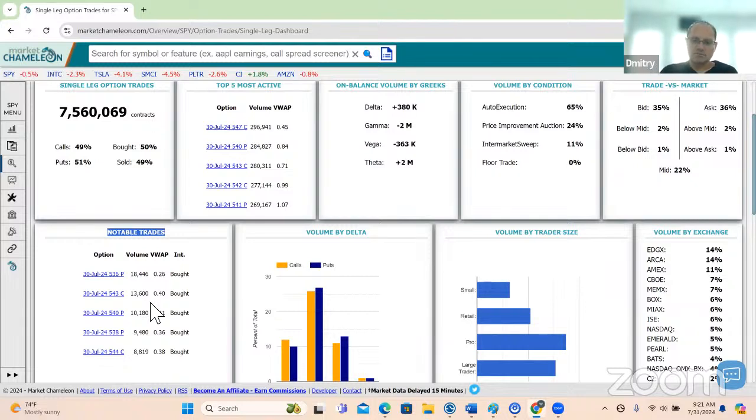And here we see one happened on July 30th expiration. So that's the 0 DTE in the 536 put. We saw 18,446 contracts trade for a VWAP price of 26 cents.